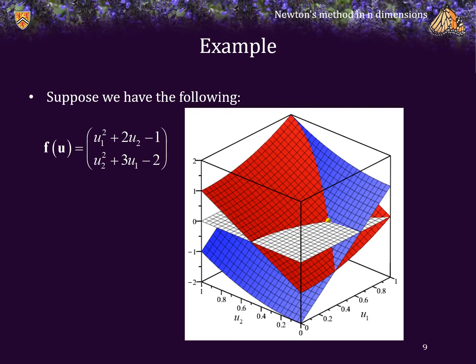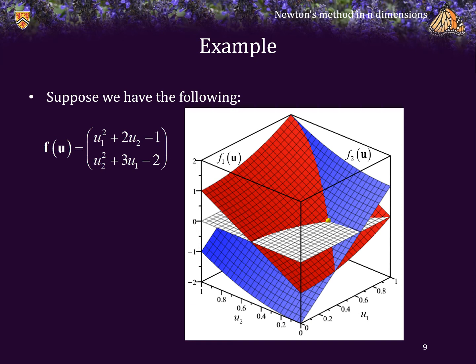All right, we've gone through the mathematics. However, let's look at an example so you can understand or visualize what's going on here. Here we have a vector-valued function of a vector variable. It's nonlinear because both u1 and u2 are squared. On the right-hand side, we see f1, the first function, and f2, the second function described in the second vector entry.